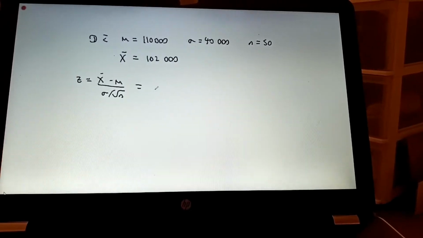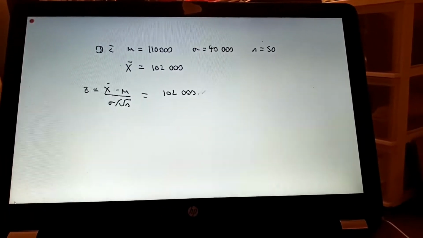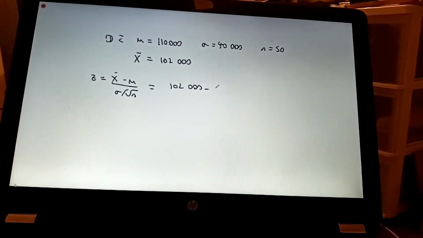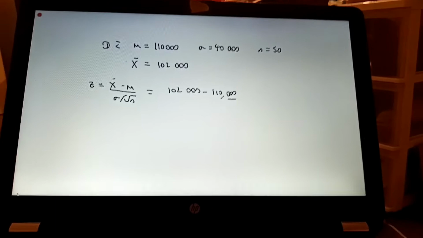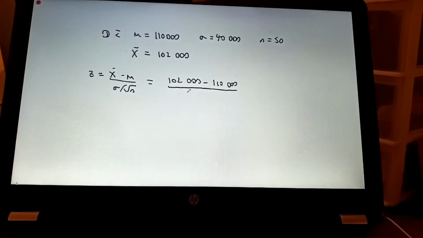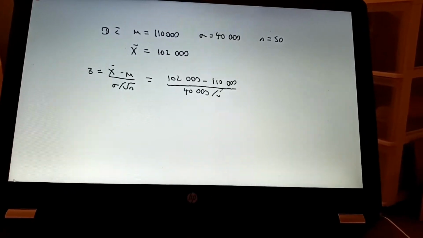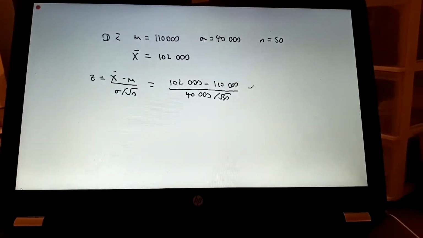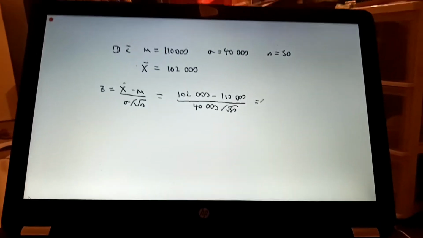Okay, so X bar, 102,000, minus mu, 110,000, divided by 40,000 over square root of 50. As per usual, let's do the top first and figure out what the actual number is.